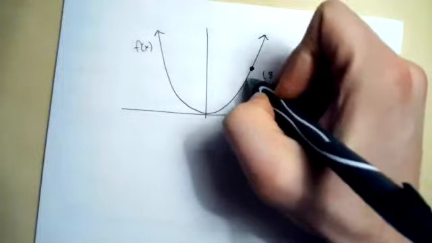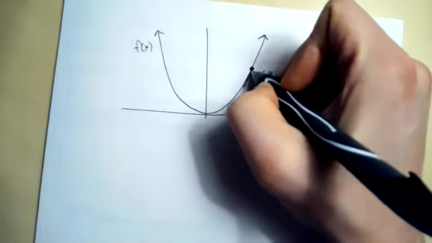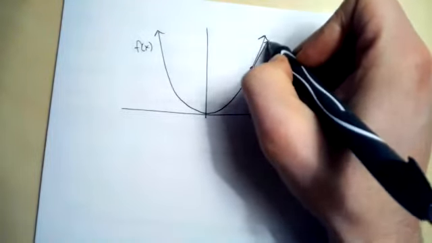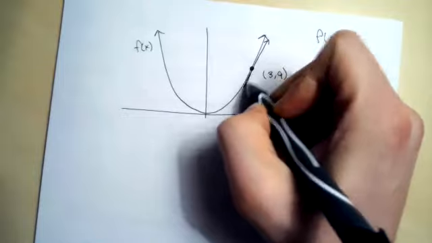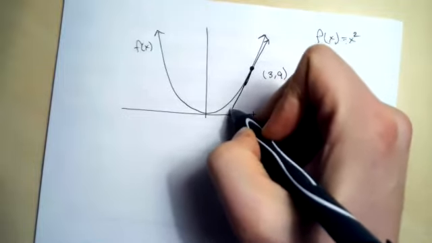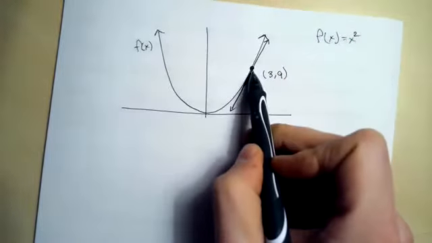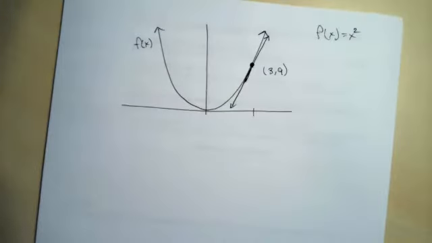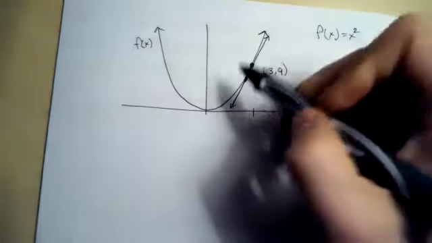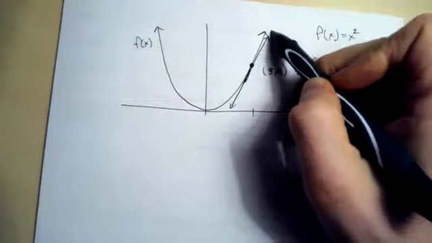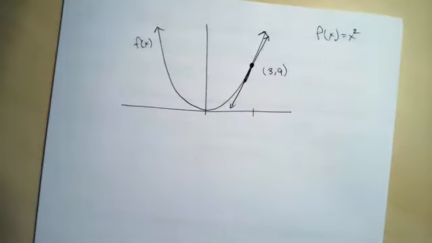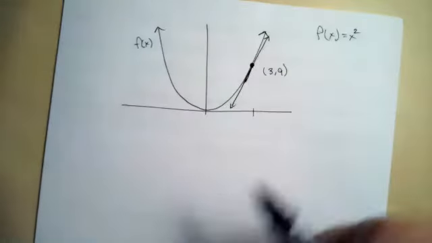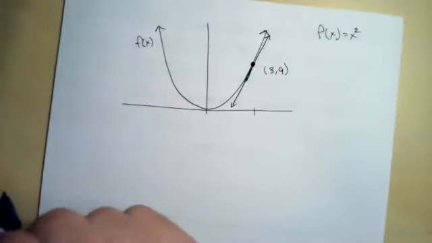And really what we're asking in that case is, what is the slope of the tangent line? So when we say tangent line, we mean I've got one point on the curve, and I just want a line that just touches that one single point and essentially fits the curve at that point, isn't going to touch anywhere else, at least in a small region. We call that the tangent line.